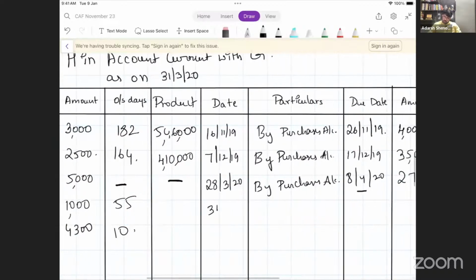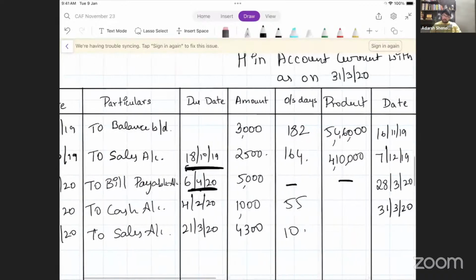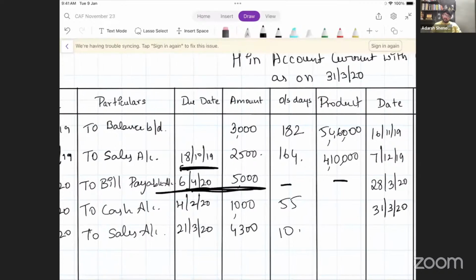Let's do that. The date will be 31/3/20. Only the product column needs to be filled on this side by red ink product. We don't write the amounts. We don't write the due date, nothing. Just the product column. So how many days is this? 6/4 to 31/3. It's -6, right?